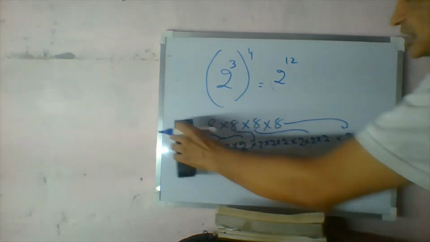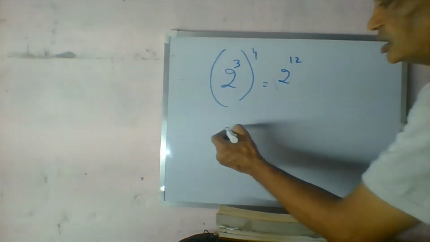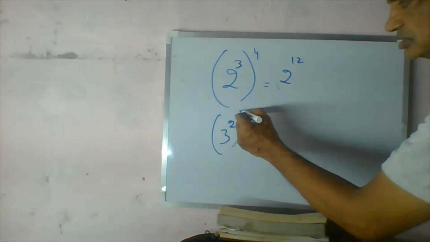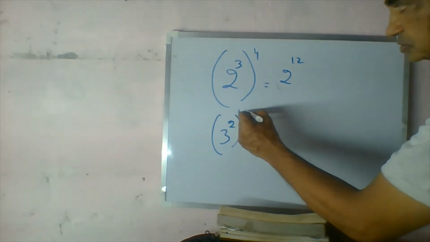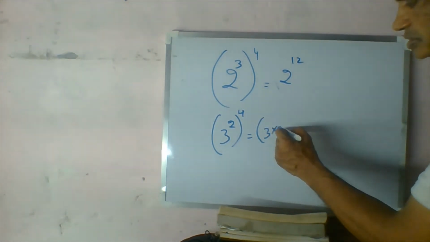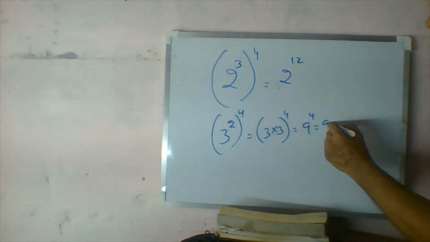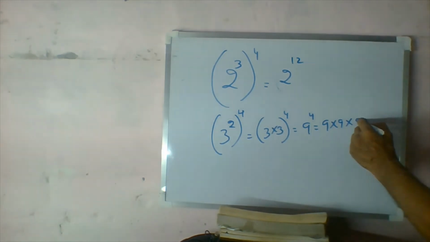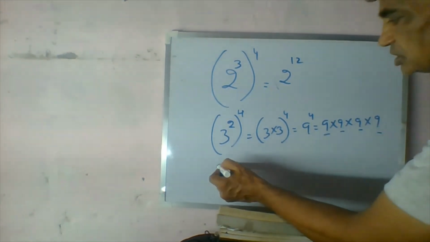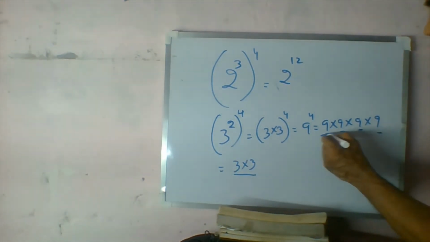Let us do one more example. 3 raised to power 2, let's say raised to power 4. So it will be 3 into 3, 4 times. 9 raised to power 4. 9 into 9 into 9 into 9. Again, we convert them to 3. It will be 3, 3, this 9.